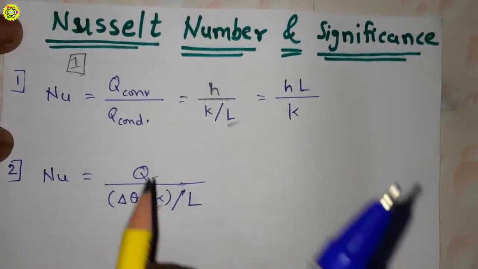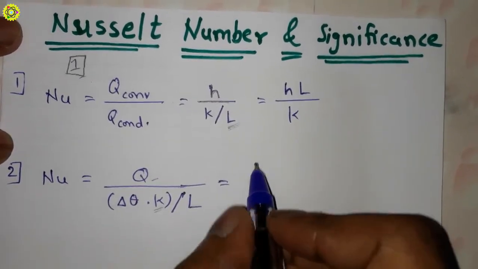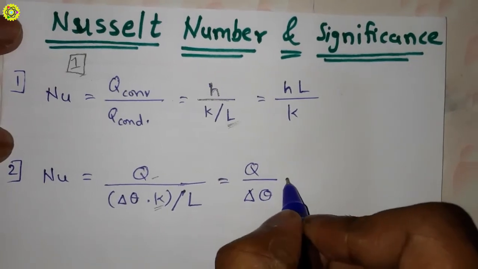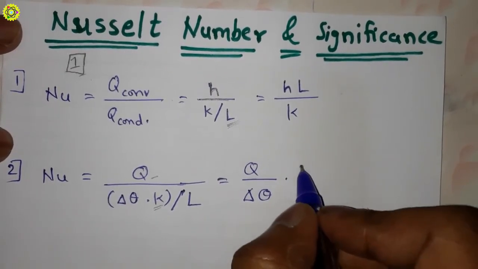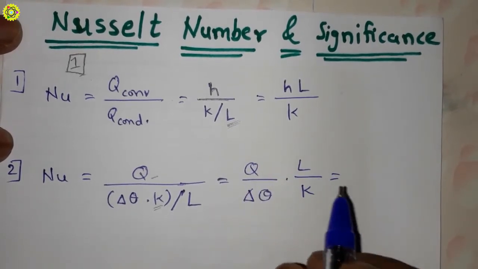This is again simplified as Q upon del theta into L upon K. Now we will simplify this equation again.